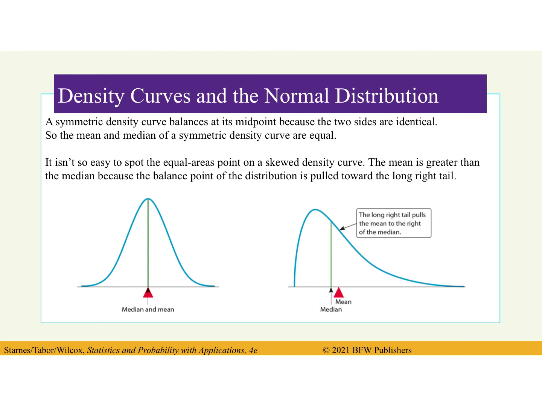For a density curve, a lot of it's theoretical, we're just estimating, so they're exactly the same in a symmetrical density curve. It's not so easy to spot equal area points on a skewed density curve, but the mean is greater if it's skewed to the right, and the mean is less if it's skewed to the left.